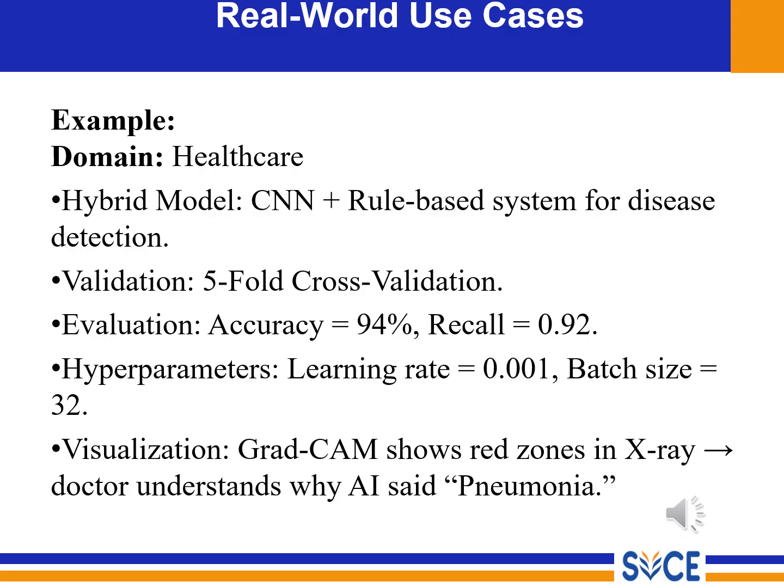The hyperparameters are learning rate 0.001, batch size 32. For visualization, Grad-CAM highlights the infected lung area, so the doctor understands why the AI predicted pneumonia. It explains everything with the rules. This is explainable AI in practice. Have you got it?